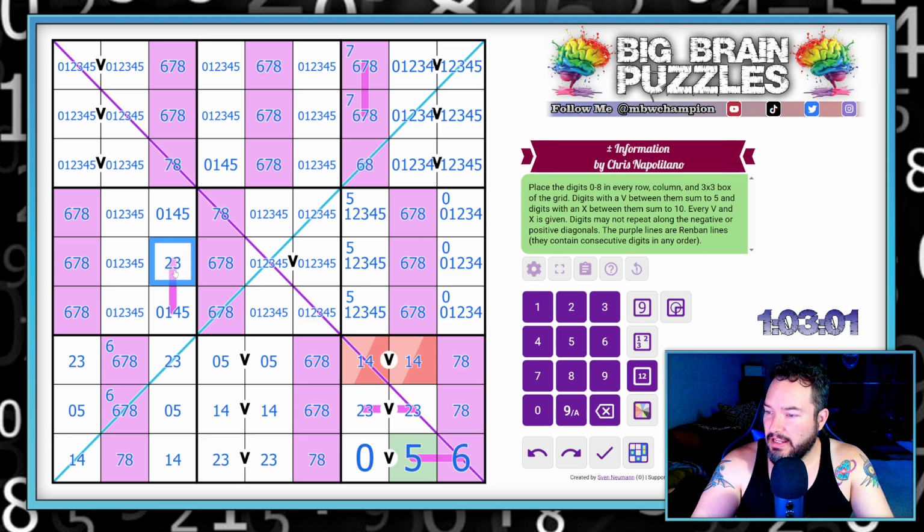Since it has to be consecutive, and it can't be a 2 or 3, it has to be the 1 or a 4, so it can't be a 0 or 5, meaning this is a 0, 5. If this is a 0, 5, this cannot be a 0, 5. This can't be a 2, 3. And this can't be a 1, 4.